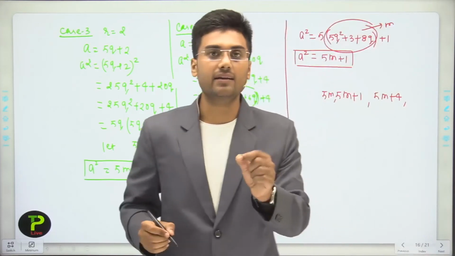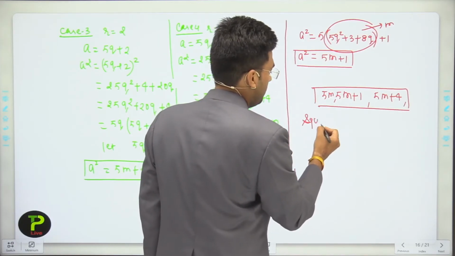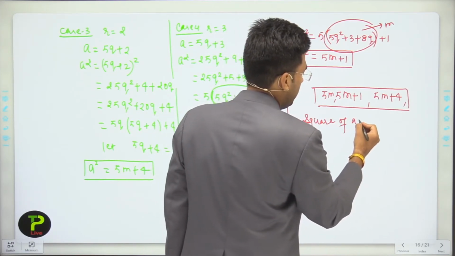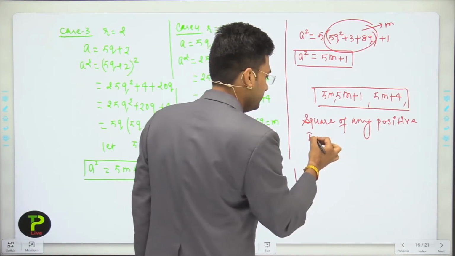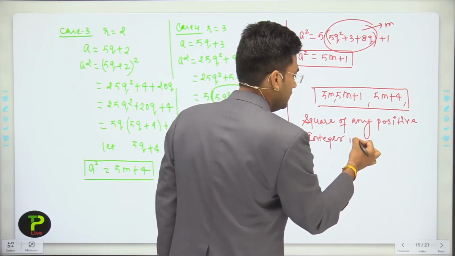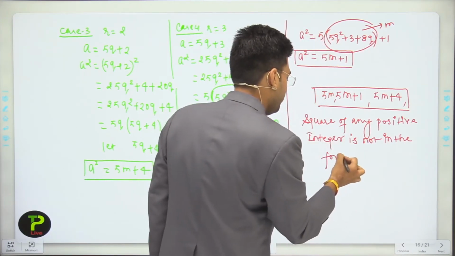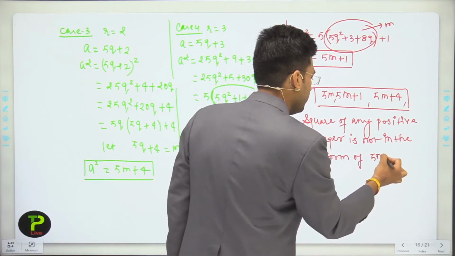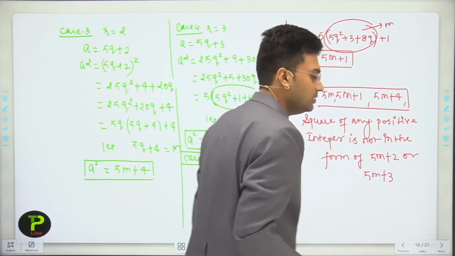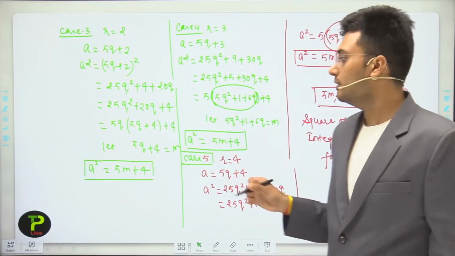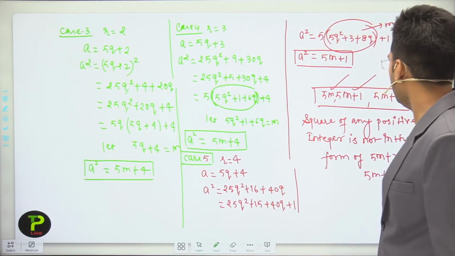So we can say that the square of any positive integer is not in the form of 5m plus 2 or 5m plus 3, because among these 5 cases the square of a positive integer is in the form of 5m, 5m plus 1 and 5m plus 4.